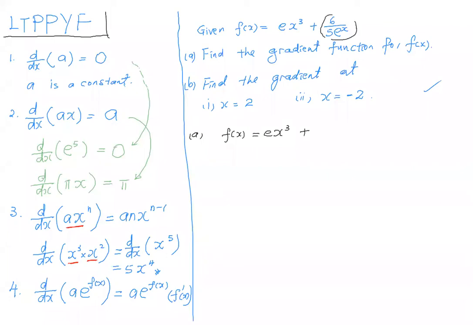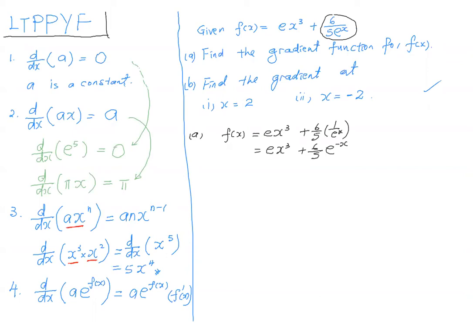Or 6/5, and then bracket 1/e^x. Okay, so this will be, am I right? Do you write it like that, Javashini?